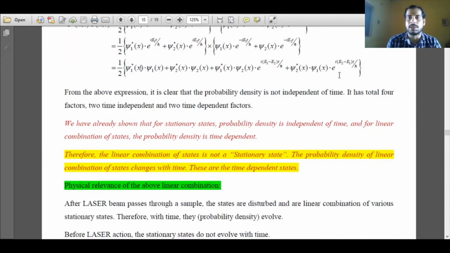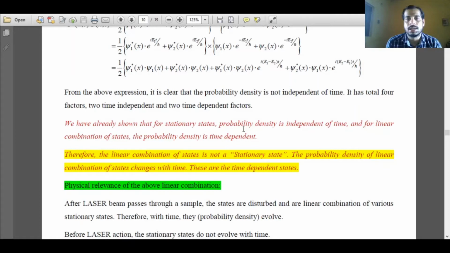So when the wave function of the quantum mechanical particle is a linear combination of different states, such a state is not a stationary state. Rather, the state will vary with respect to time. But when there is only a single state, that particular state will be a stationary state and it will be independent of time.